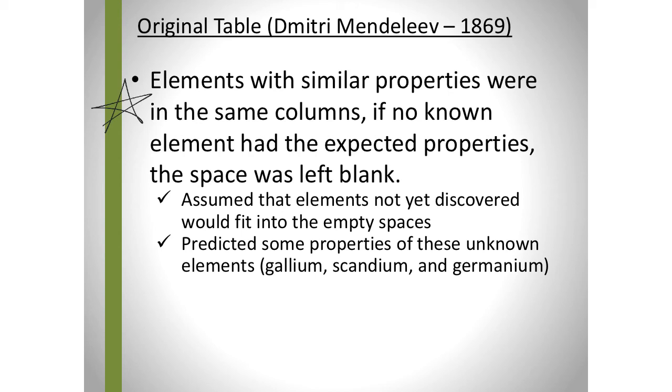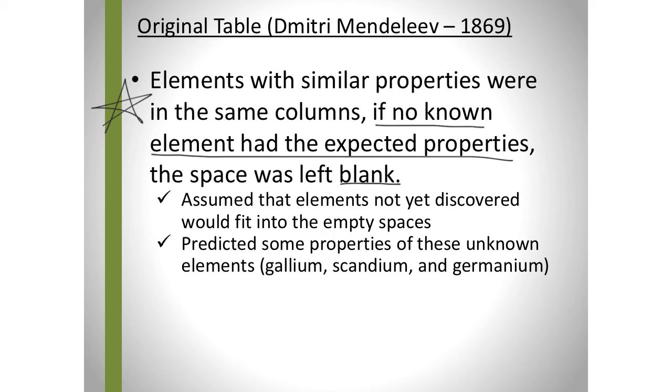And then this is the interesting thing. If no known element had the properties that he was anticipating, he left that space blank. And he assumed that there were elements that fit those properties, they just hadn't been discovered yet. And he actually did a really great job of predicting properties of elements that hadn't been discovered yet.